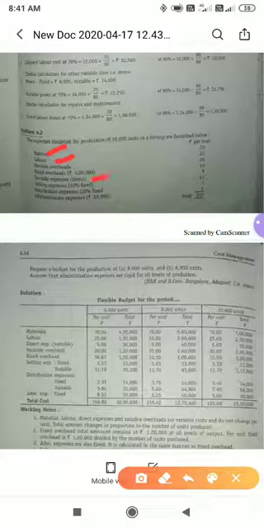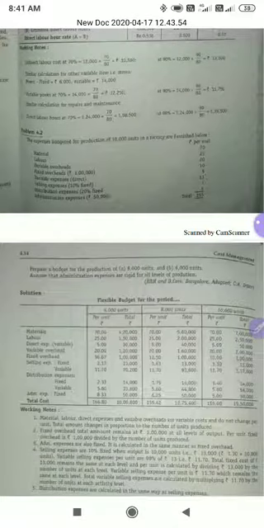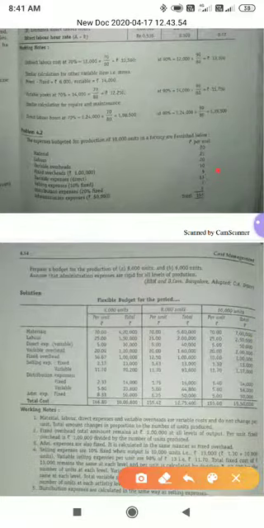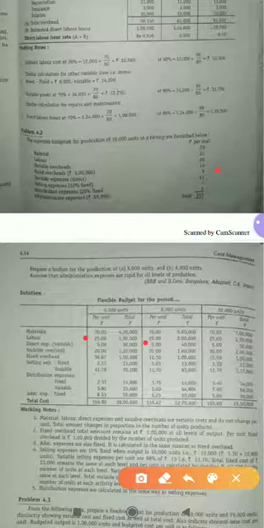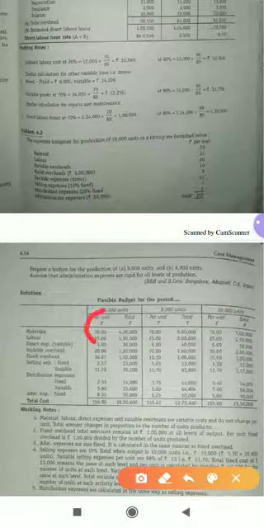Now here what they have given is variable expenses direct, so it is also variable. The question itself says it is variable, so that means per unit 5 rupees will remain same. This 5 rupees will be same for all the units, 5 rupees, 5 rupees, 5 rupees. So just you have to multiply this 5 rupees with 6,000, 8,000 and 10,000.